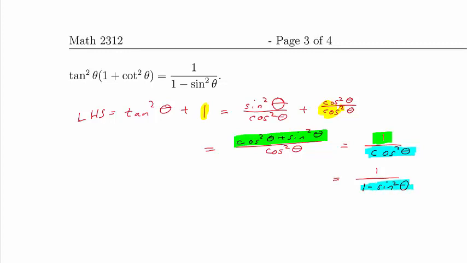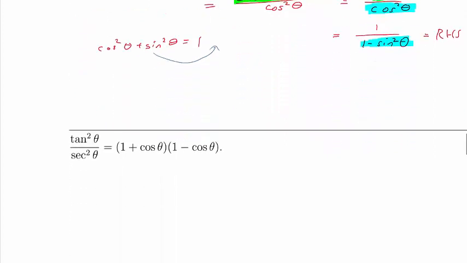And if you're having trouble saying that, you know that's simply cosine squared theta plus sine squared theta equals 1. And if you note, when you move either one of these over, you'll simply get 1 minus. Alright, and so that's it. Left-hand side is the same as the right-hand side. Good. Let's move on to the next.